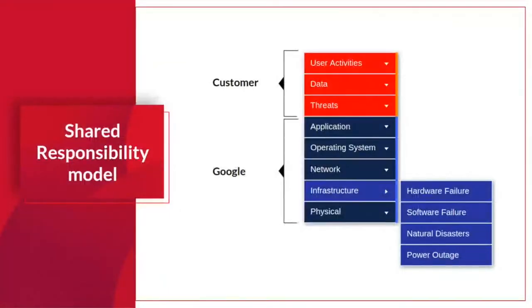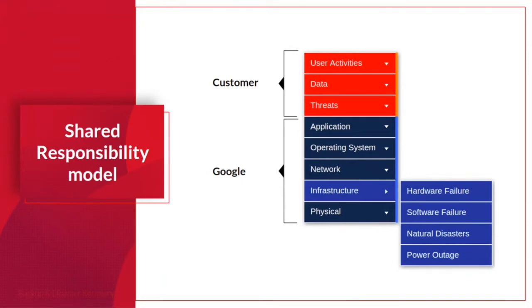Okay. So here they adopt the shared responsibility model. If you are using Google Workspace, you are sharing the responsibility for this entire stuff. The users have some responsibility, whereas Google has some responsibility.